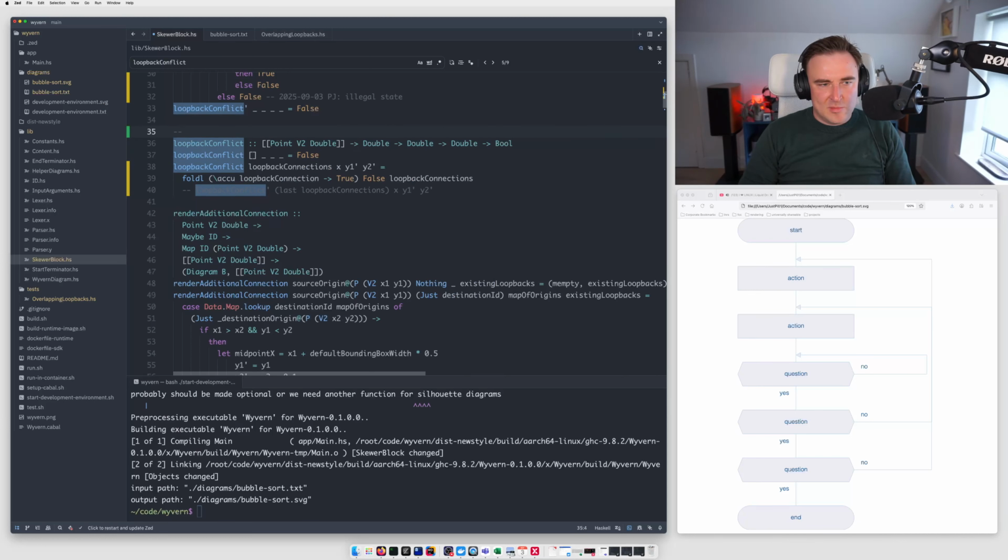So in order to simplify this whole process of comparison and in order not to execute this check multiple times, this collection should be sorted by the x-coordinate of every second point in each of these loopback connections, from lowest to highest.